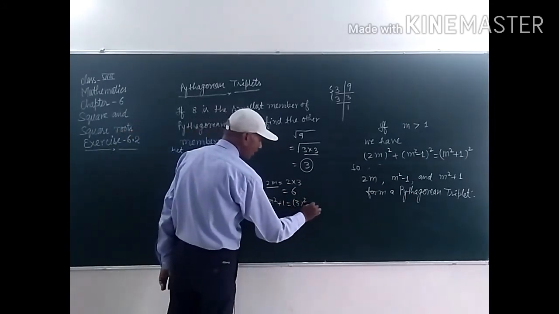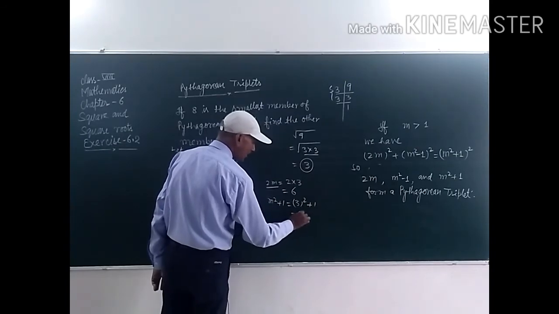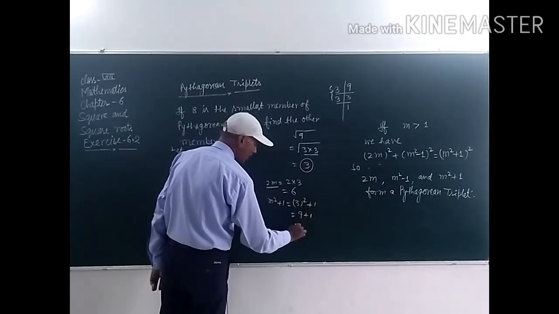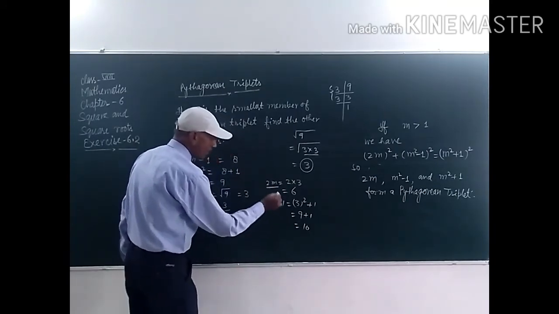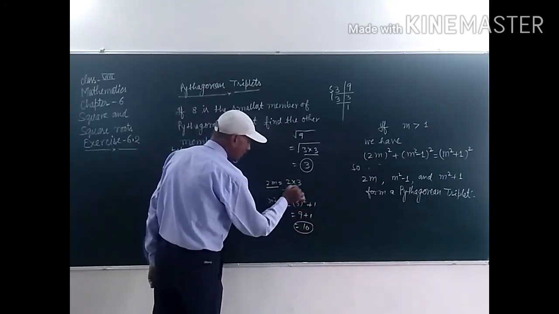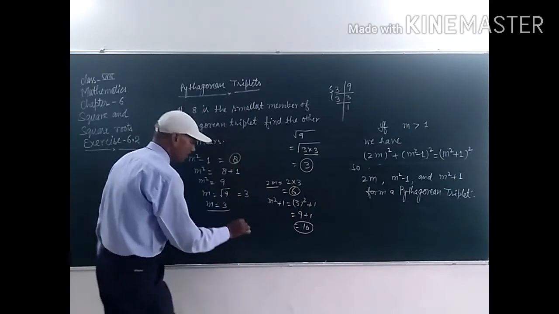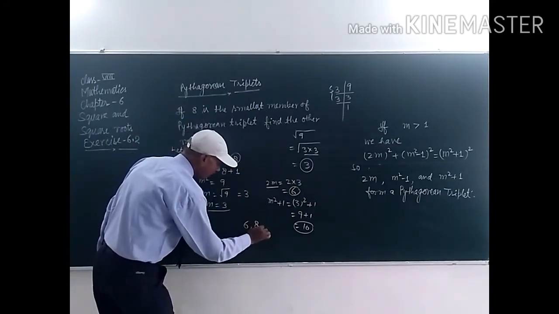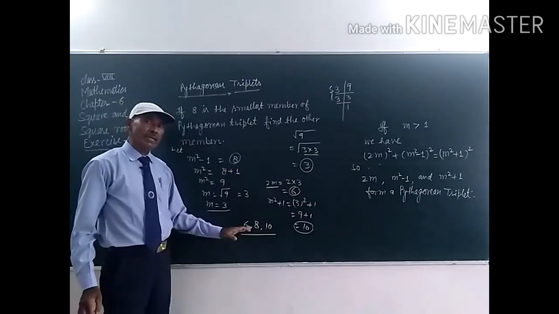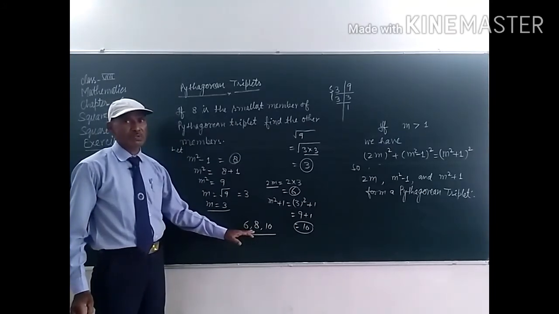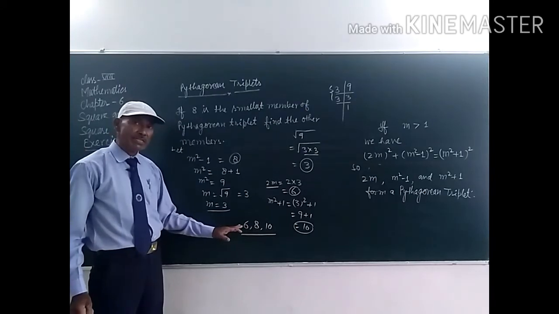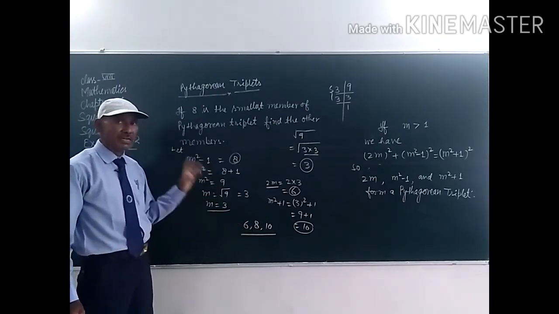So 3 squared is 9, plus 1 is 10. So the members will be 6, 8 and 10. But in this, 8 is not the smallest member, students. The smallest member is 6. So this solution is not correct.